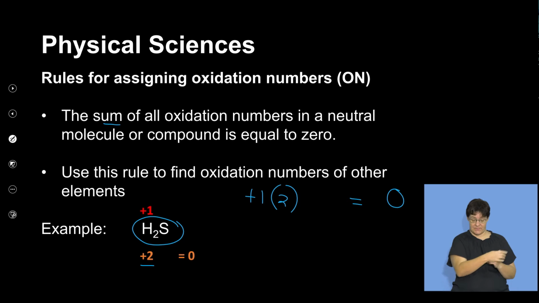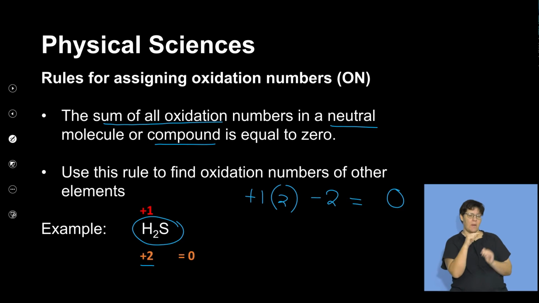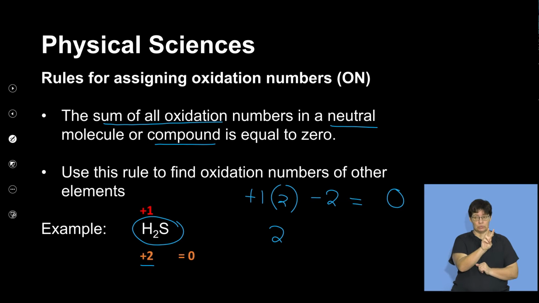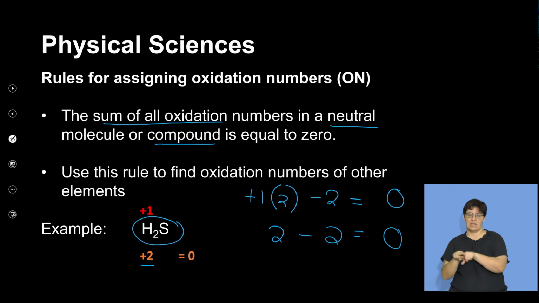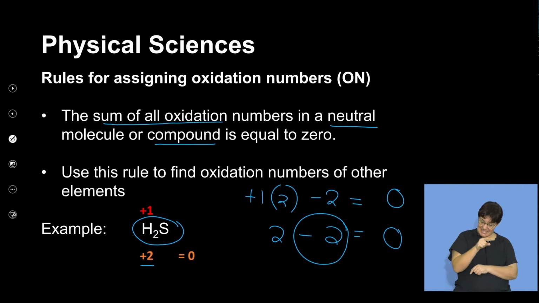We are saying the sum of all oxidation numbers in a neutral compound, and this is a neutral compound, is equal to 0. So what is the oxidation number of sulfur in this case? For us to get 0, this is going to be what? Minus 2, right? Because +1 times 2 gives us +2, and then minus 2. So it means in this case, the oxidation number of sulfur is negative 2, right? So we can say here negative 2, and then the sum is 0, right?